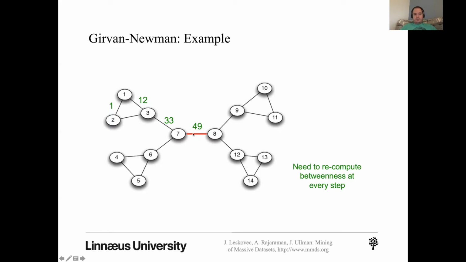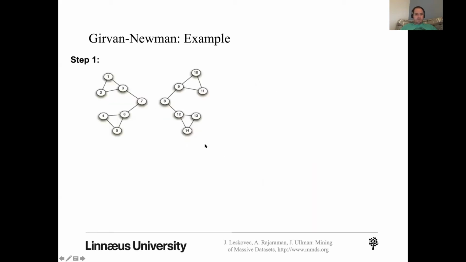And then, since it's the one edge with the highest betweenness, the first thing we're going to do is cut it, because that's the first step of the algorithm. We take the one edge with the highest betweenness, and then we just cut it. And in this case, since it was, of course, a very artificial data set, just by taking one step, we happen to have 2 different communities isolated from each other.